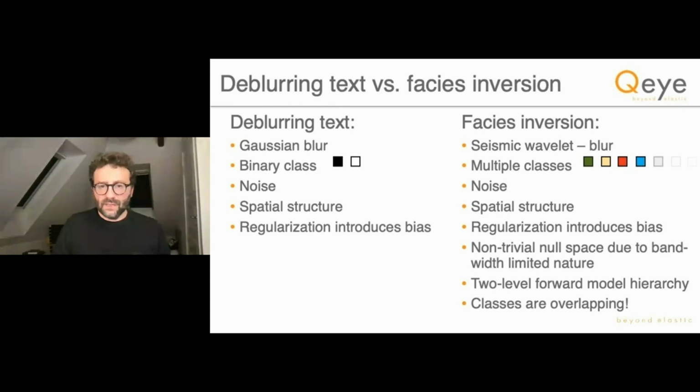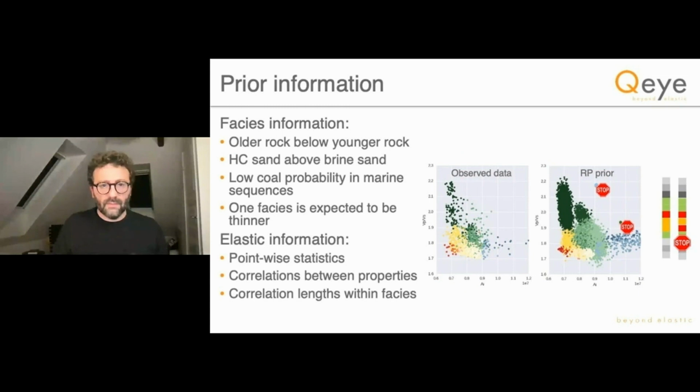So the next question is, do we have this domain-specific information, like we saw in the previous slide concerning text, that we can put to use in the inversion? And the good news is we have an abundance of this kind of information that is typically underutilized in the inversion, and it kind of bridges the information from geology, geophysics, and reservoir engineering.